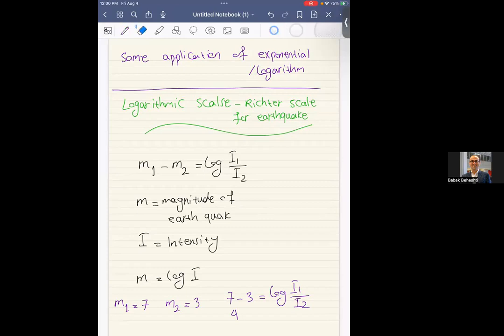So that means I1 divided by I2 must be equal to what? 10,000, 10 to the power 4, basically.